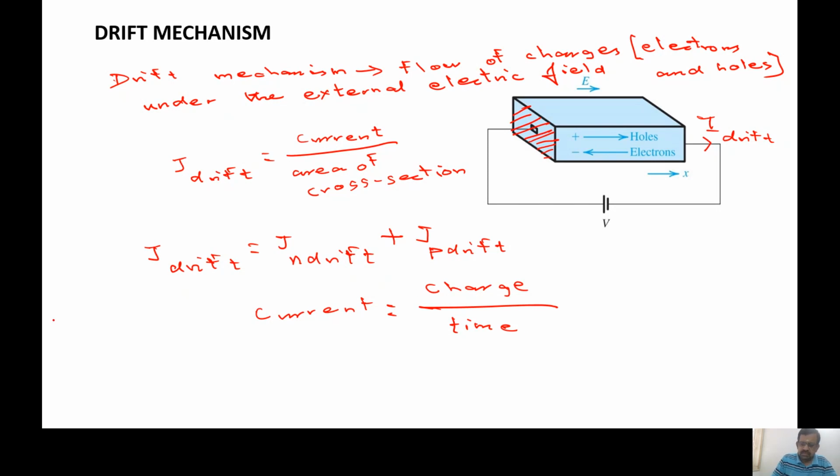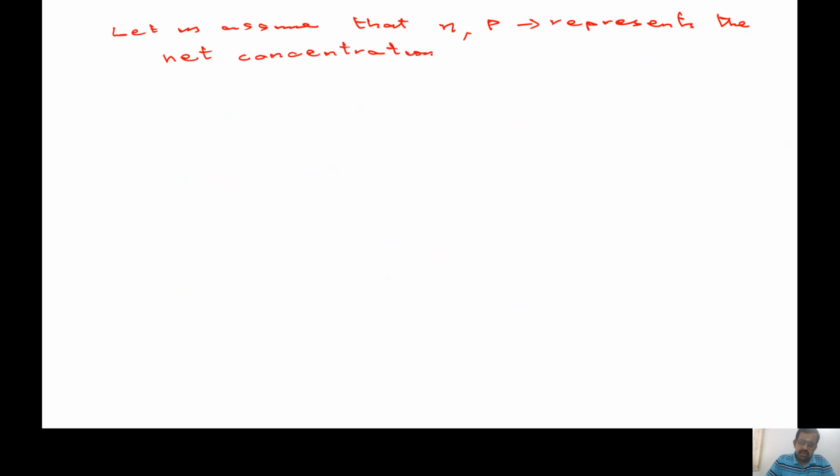Let us assume that n and p represent the net concentration of electrons and holes, and we know q represents the charge.